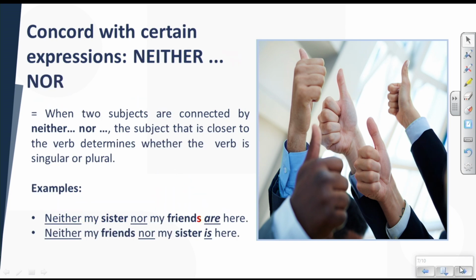The same holds true when I talk about the expression neither nor. If the plural form is the one closer to the verb phrase, the verb phrase is going to be in the plural form. If the singular form is the one closer to the verb phrase, I'm going to use the verb phrase in the singular form.